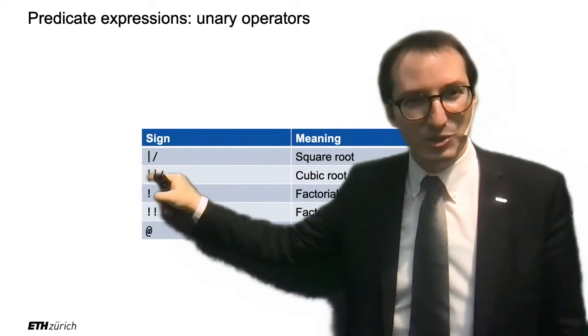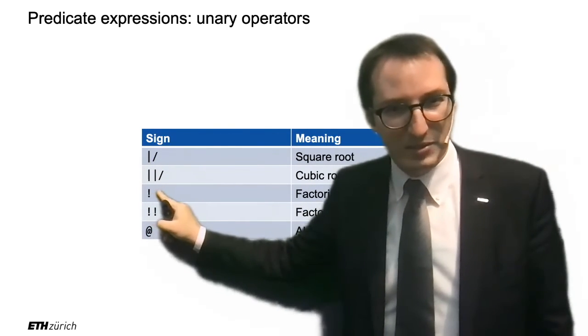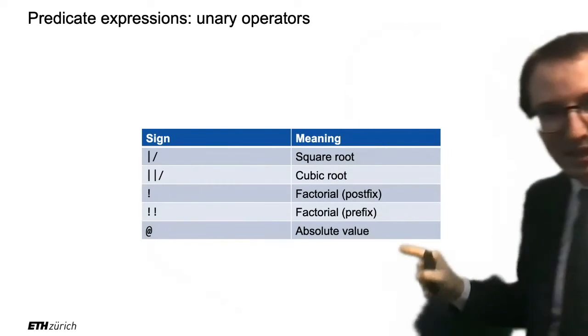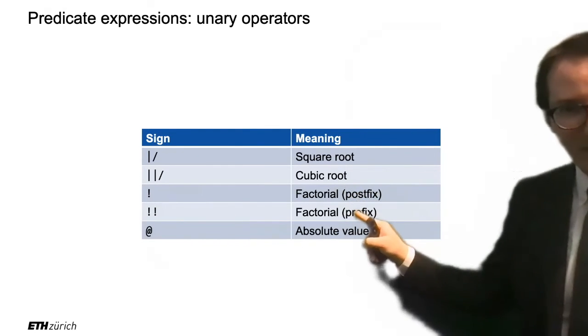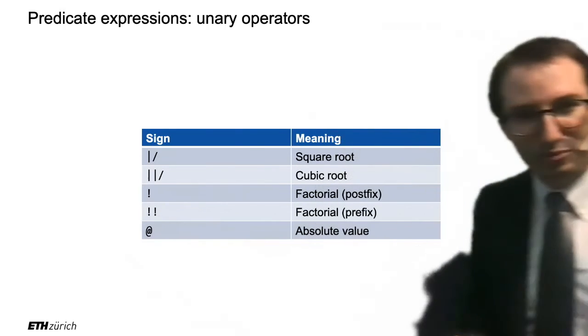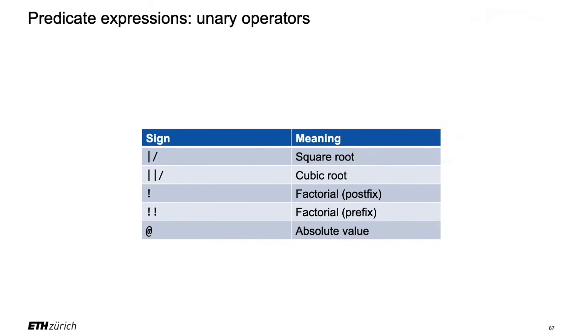The cubic root is a double vertical bar with a slash. The factorial is the exclamation mark that would be after the number to take the factorial of, or double exclamation mark before the number as a prefix. At is the absolute value. So actually, this is already advanced. I mean, I don't even think I know that by heart. The cubic roots and so on.